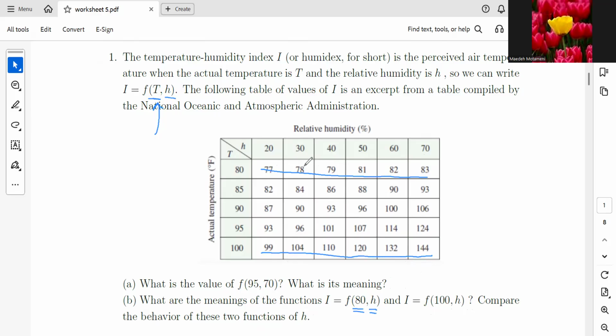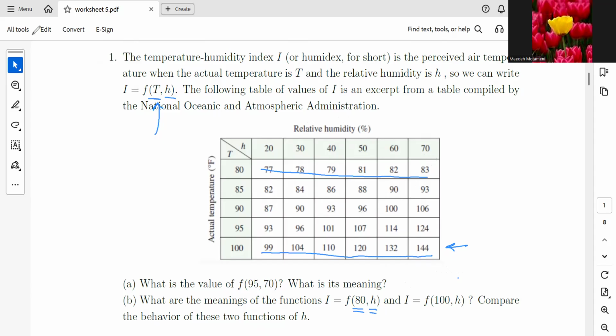So you see 77, 78, 79, 81, 82, 83, almost constant. While the other one, this row, is increasing much faster, especially when the relative humidity increases, the perceived temperature is increasing much faster compared to when it is 80.